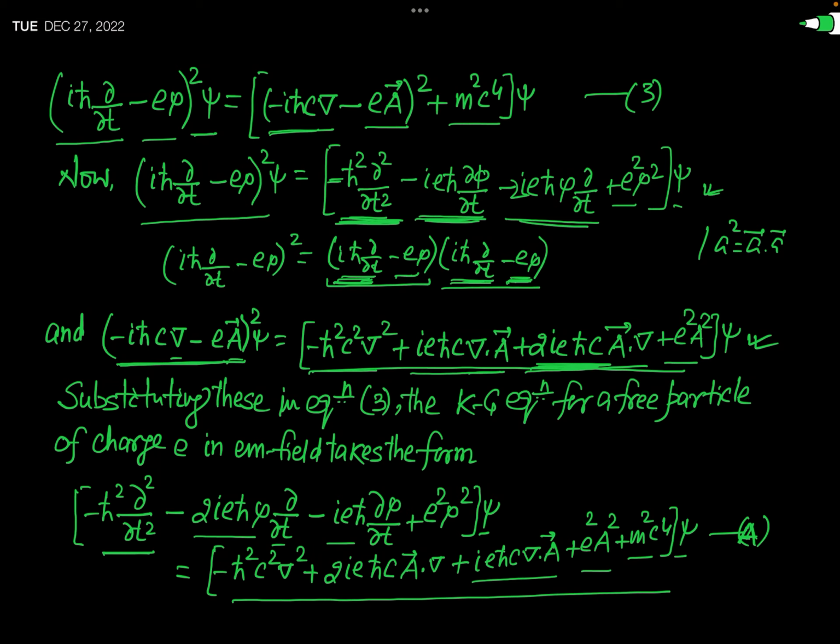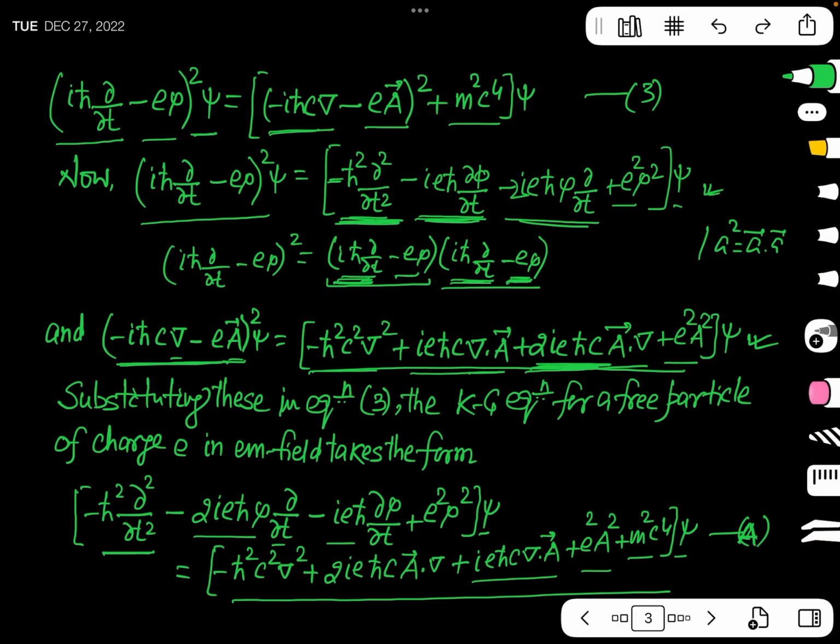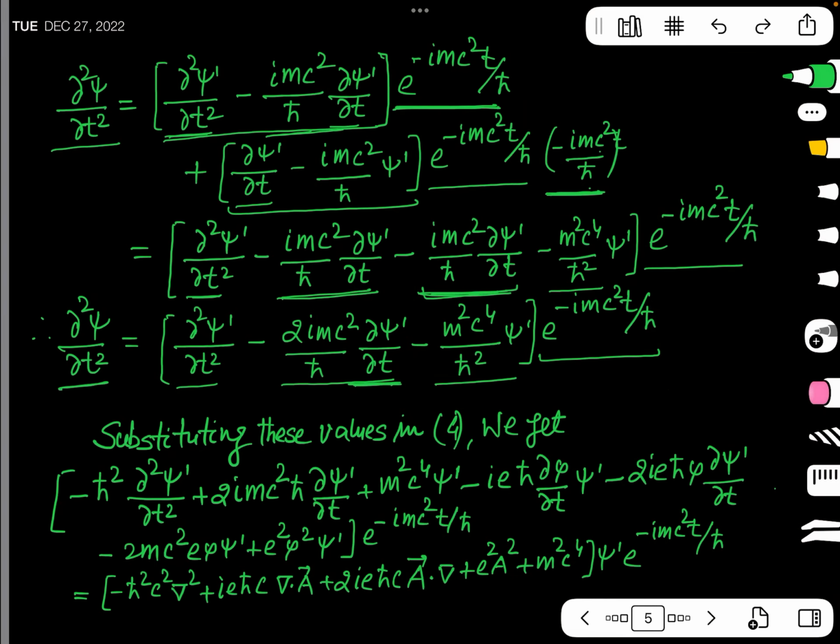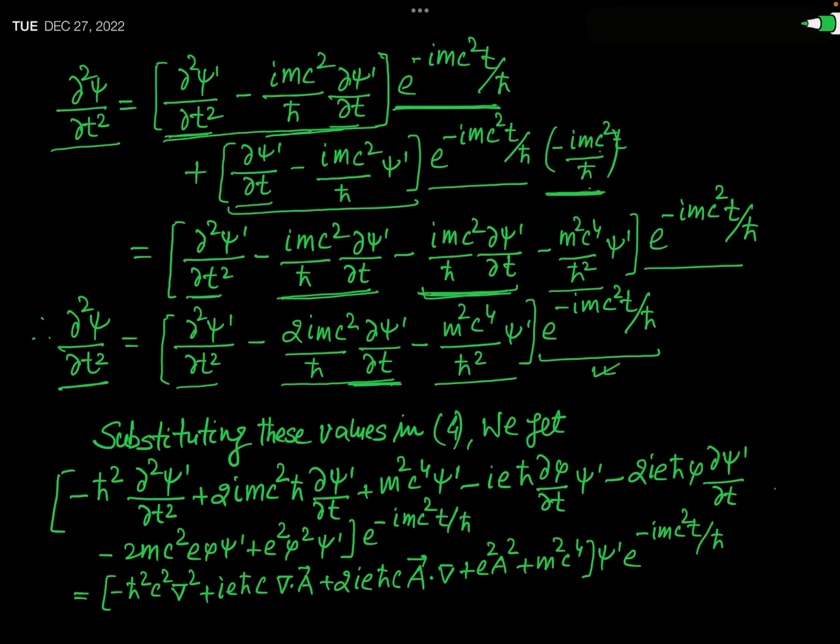So this ∂²ψ/∂t² is the first term, and instead of this ∂²ψ/∂t², we will substitute the value which we have obtained here.